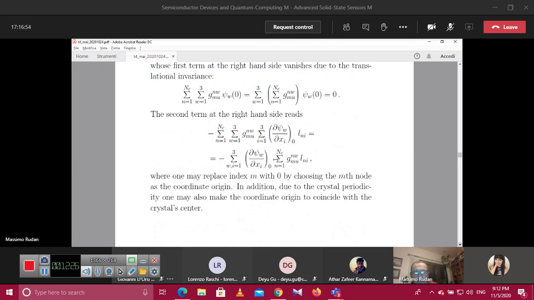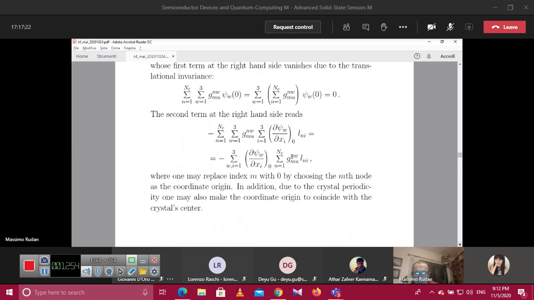And then, since we have the periodicity of the crystal, we place the origin in the center of the crystal. So this sum eventually will have M equal to 0 here. And M equal to 0 will indicate the cell that is in the center of the crystal.